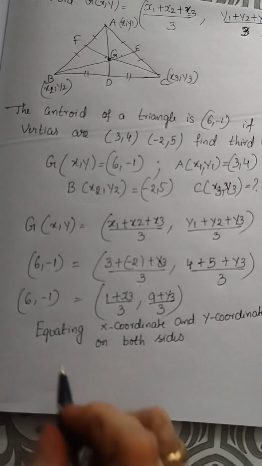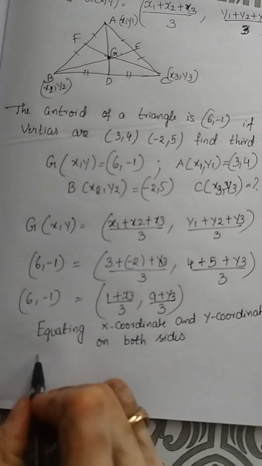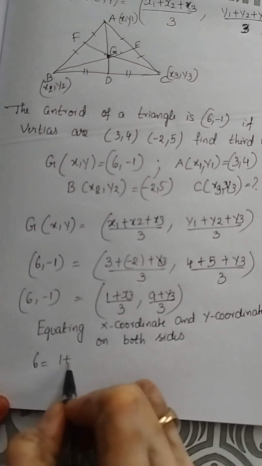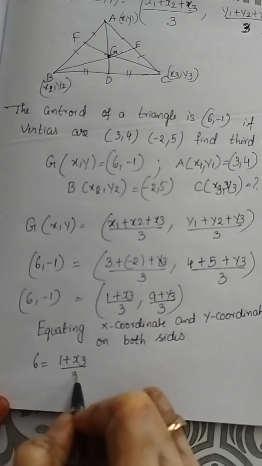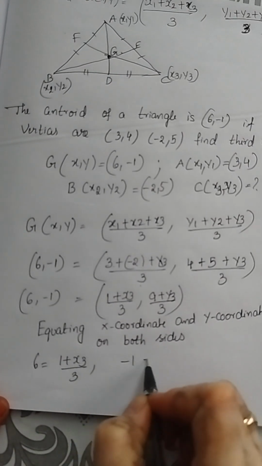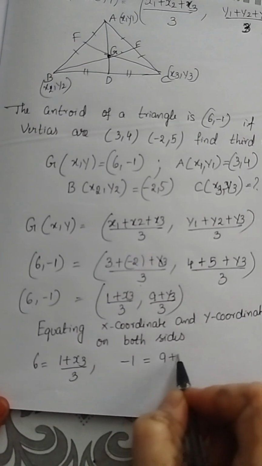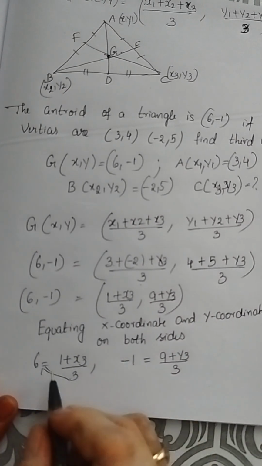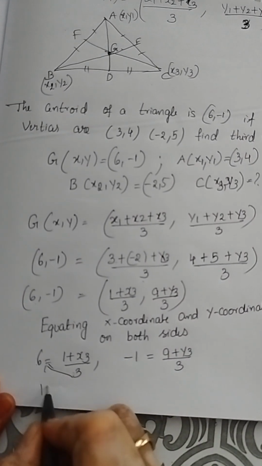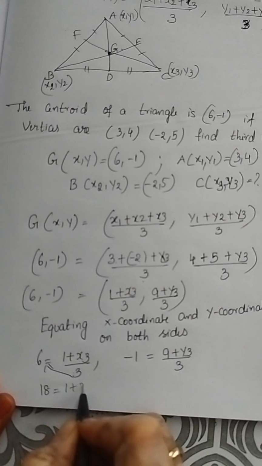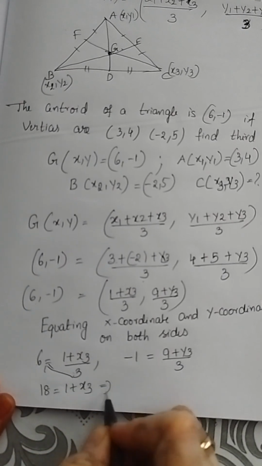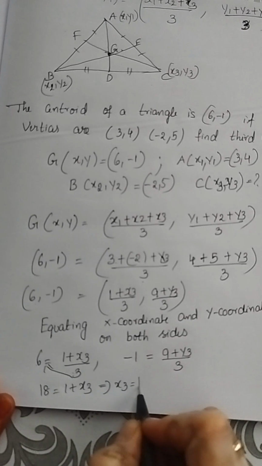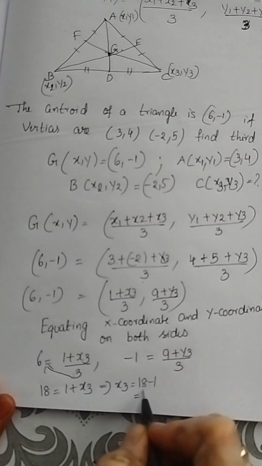So both sides equal means 6 is equal to (1 plus x3) by 3, comma minus 1 equal to (9 plus y3) by 3. If you cross multiply, 6 into 3, 18 equal to 1 plus x3. That implies x3 equal to 18 minus 1, which is 17.